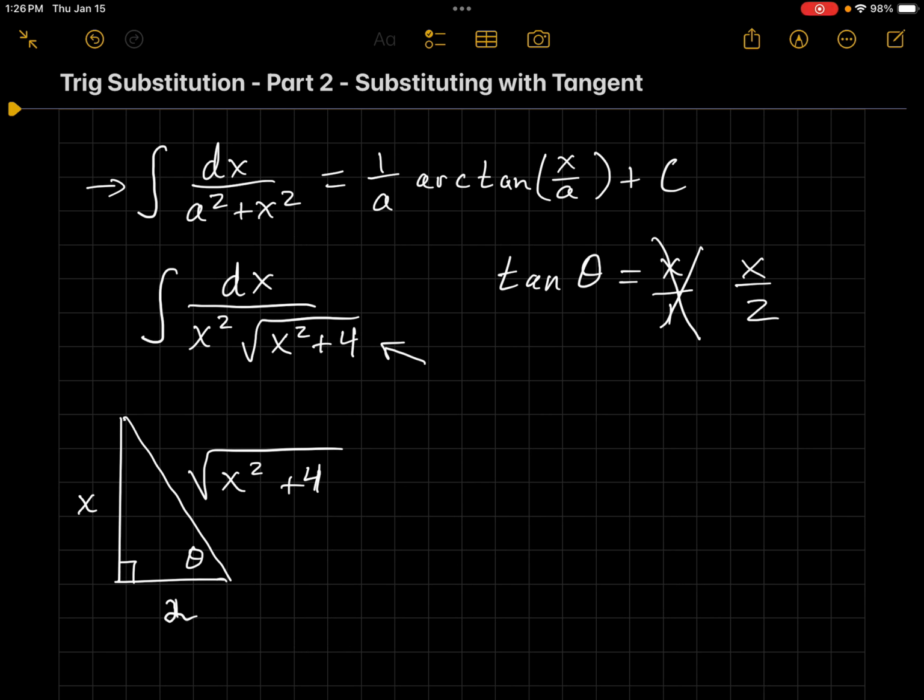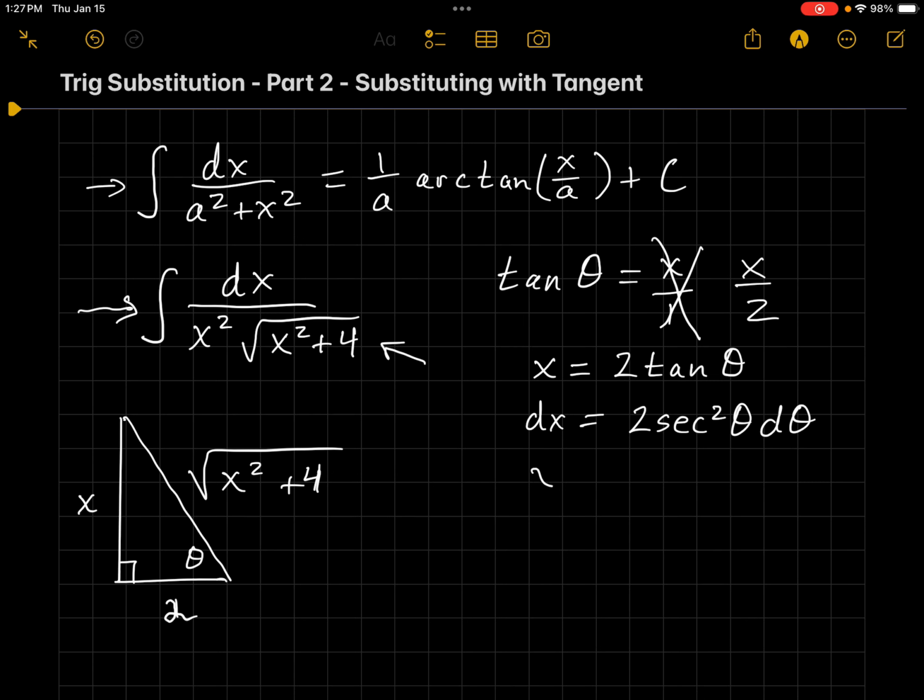So now we do a substitution using tangents and other things. Back in my integral, we need to substitute every x for something with theta. Let's start with our dx, and I'm going to rewrite x first as 2 tangent theta, which means dx is 2 secant squared theta d theta.